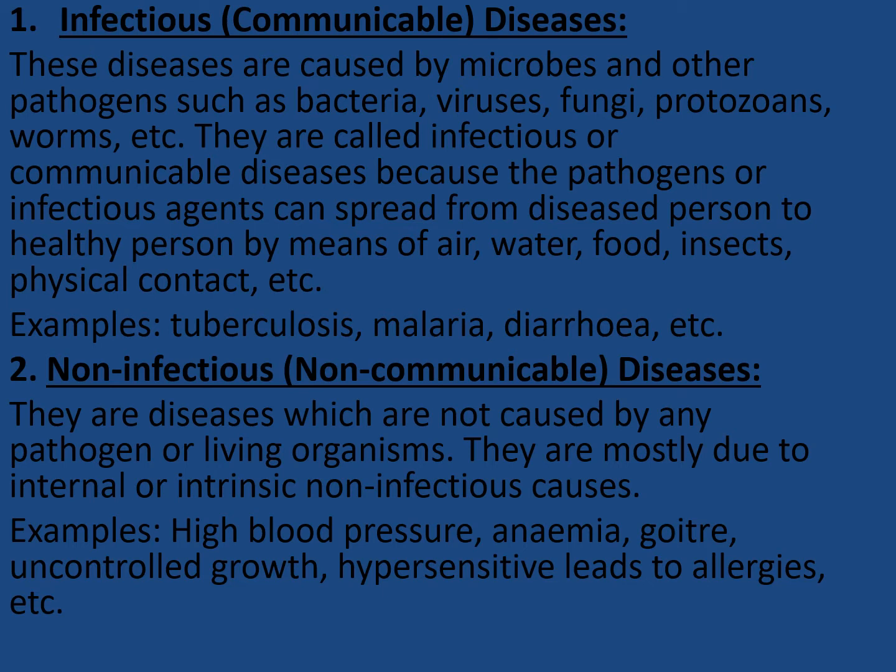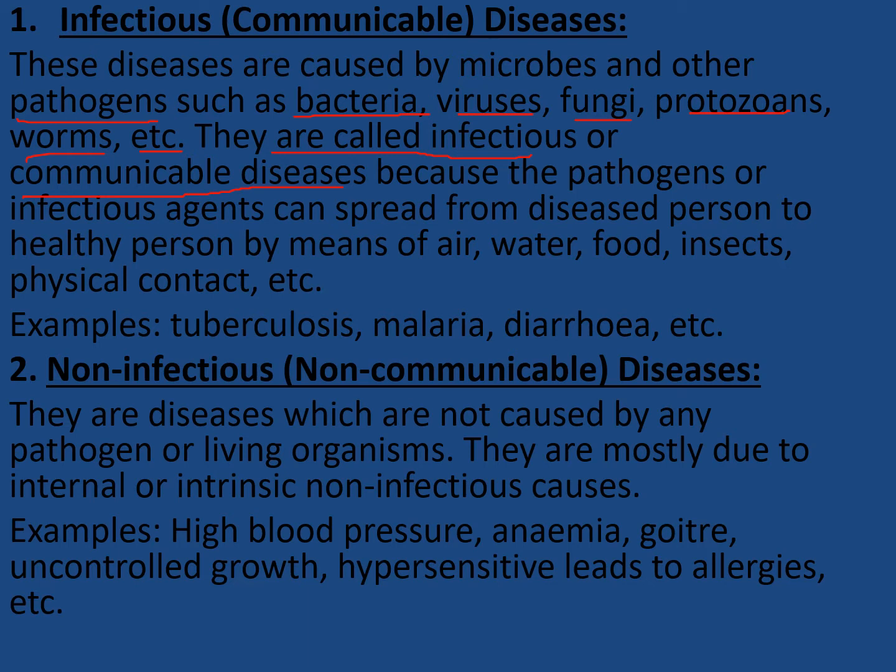These diseases are caused by microbes and other pathogens such as bacteria, viruses, fungi, protozoans, worms, etc. This means infectious diseases are caused by some agents, and those agents are known as pathogens, such as bacteria, viruses, fungi, protozoans, worms, etc. They are called infectious diseases or communicable diseases.